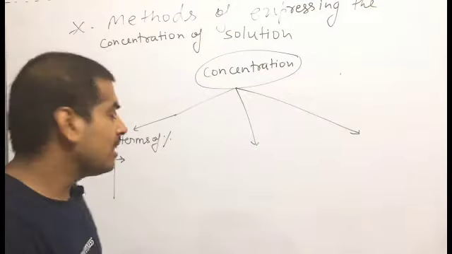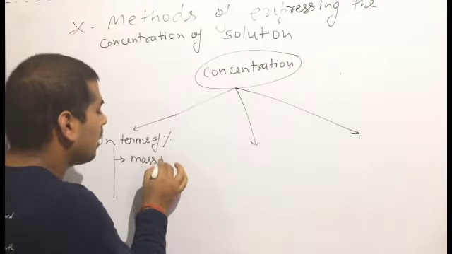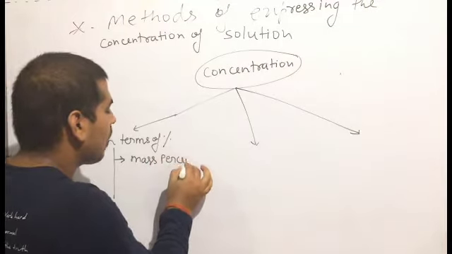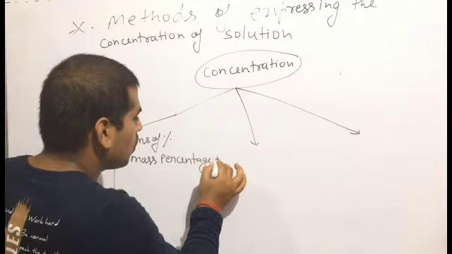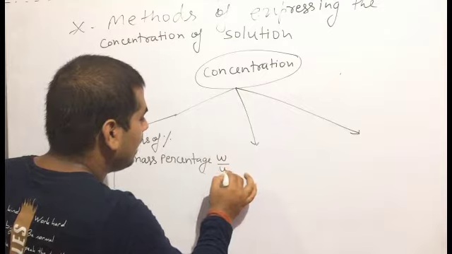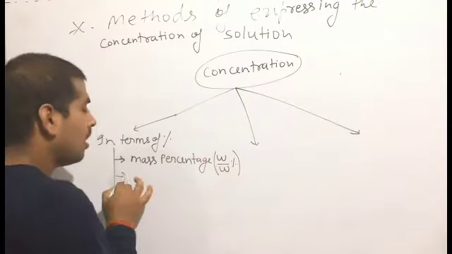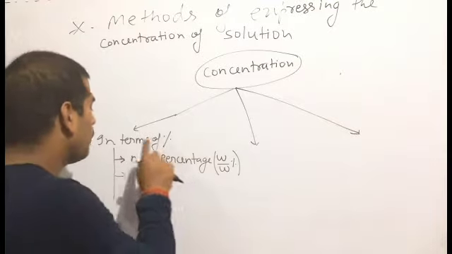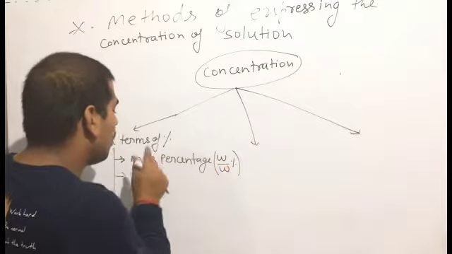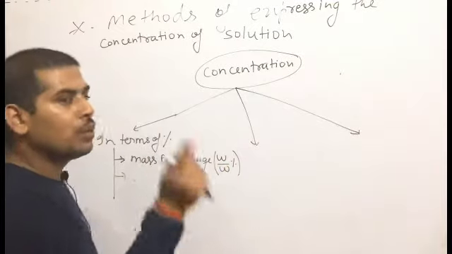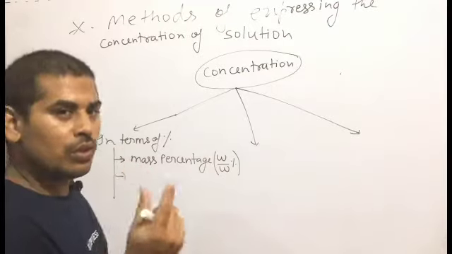So first one is mass percentage. This is also called W by W percentage. Means in this type the ratio of mass of solute to the mass of solvent or solution.